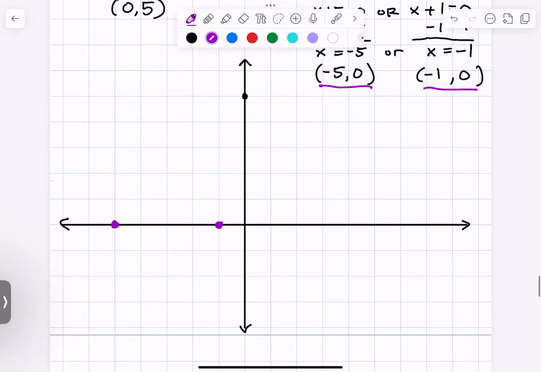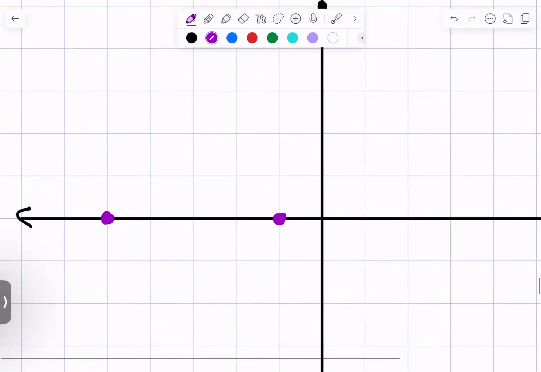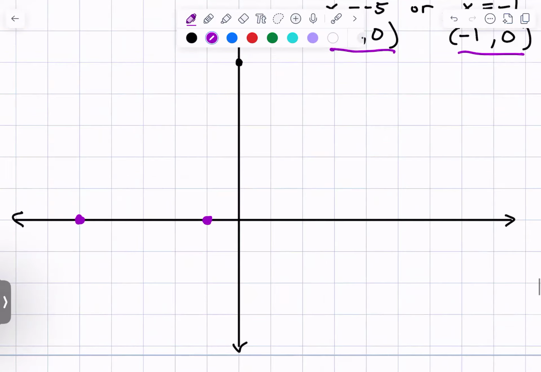So where's my axis of symmetry? Negative 3, right? Halfway between is the midpoint, yeah, at x equals -3, right?